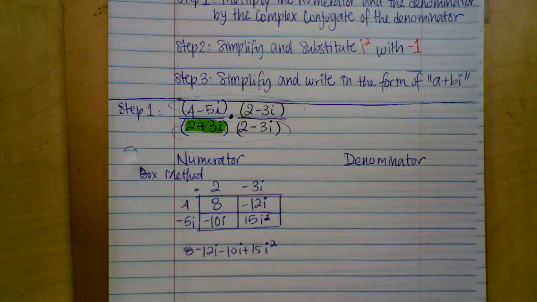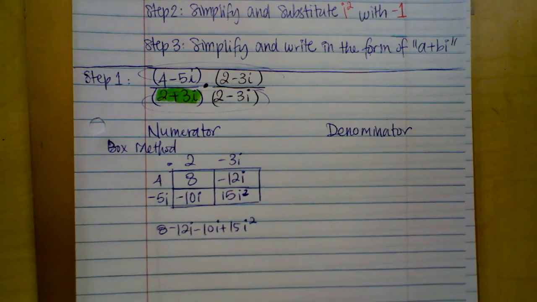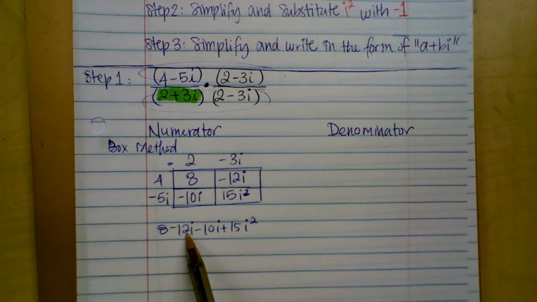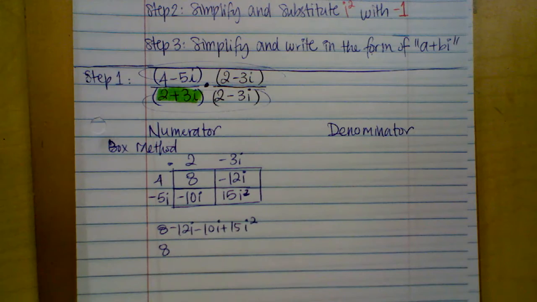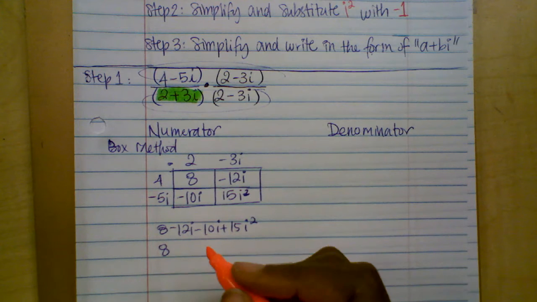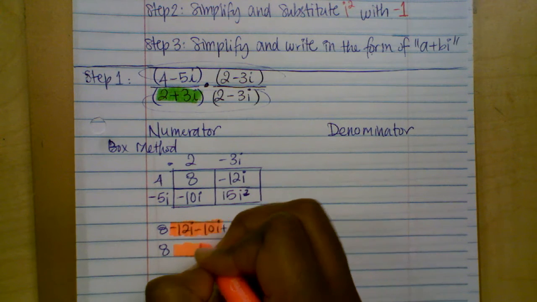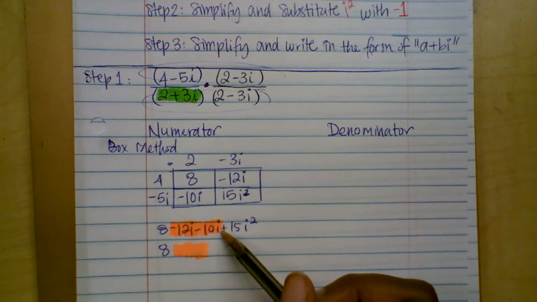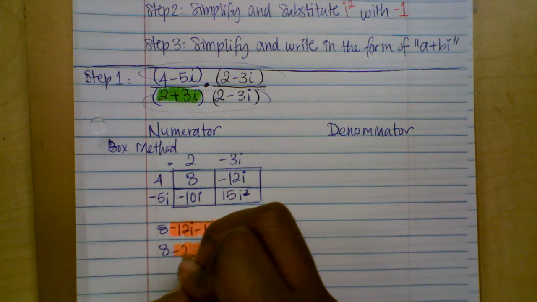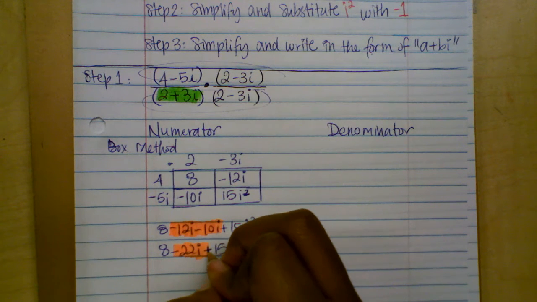There are two terms you can combine right here, which are negative 12i and negative 10i, that add up to negative 22. Let me add those two terms together. Because they are like terms, they have the same imaginary unit i. So it should be negative 22i, and then plus 15i squared.